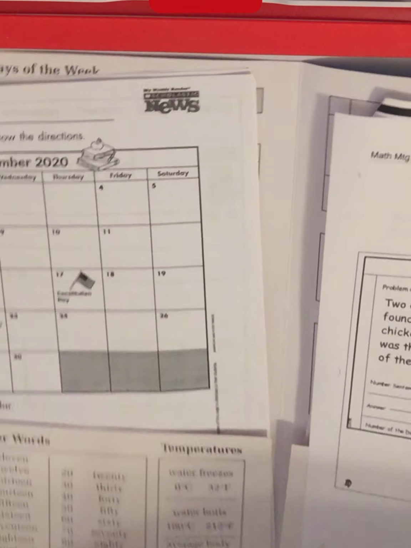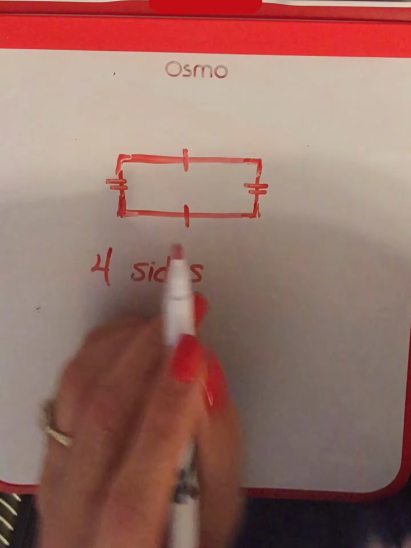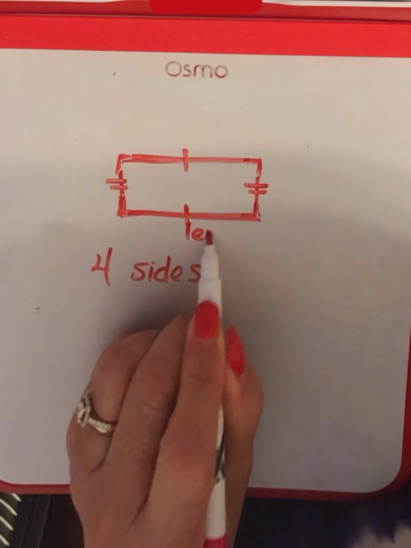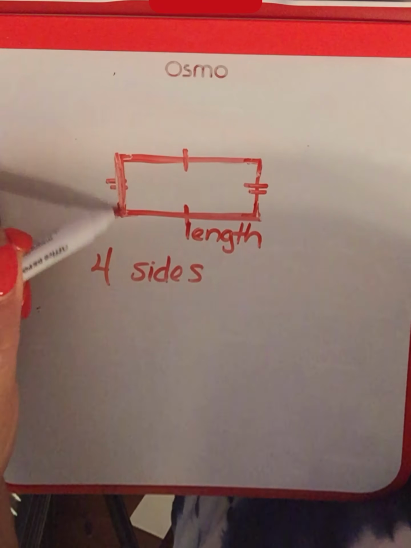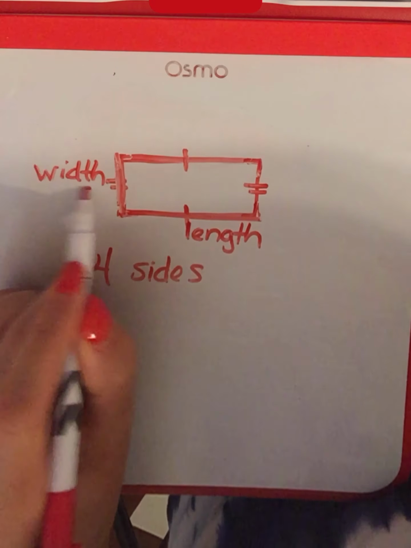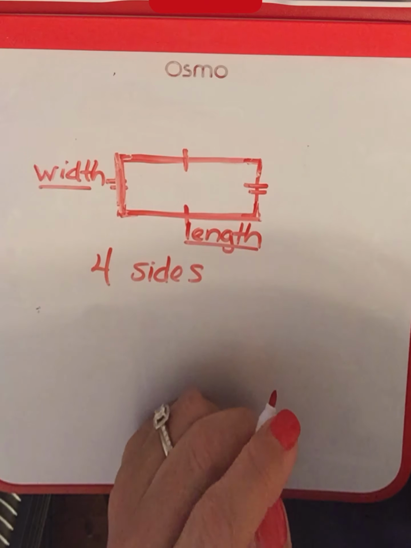All right, so what else do we know about rectangles? We know that this longer side, we're going to call that the length. And this shorter side, we're going to call the width. Because if we know the length and the width, we can measure all the way around the rectangle.